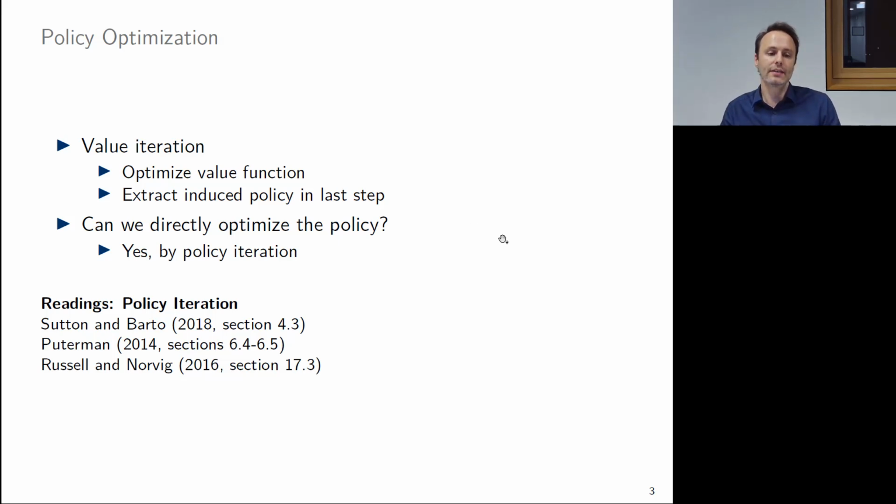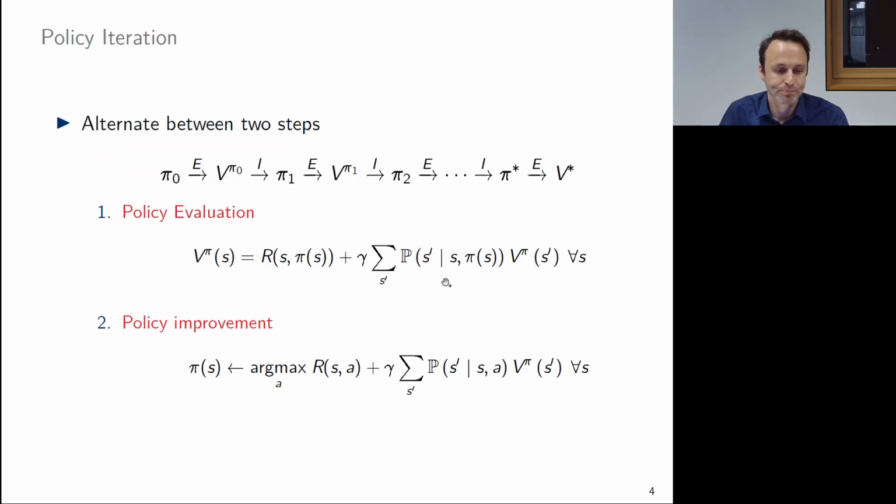Now the question is, can we directly operate with the policies and optimize them? The answer is yes, we can use policy iteration for this. Now, how does policy iteration work? Policy iteration alternates between two steps.